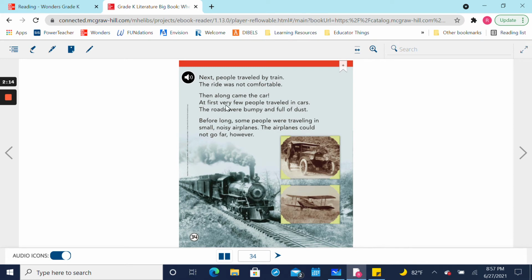At first, very few people traveled in cars. The roads were bumpy and full of dust. Before long, some people were traveling in small, noisy airplanes. The airplanes could not go far, however.